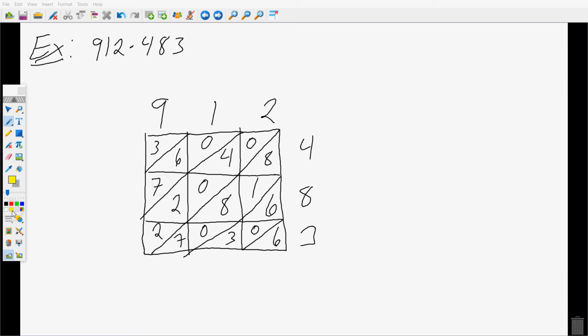Now I start in the very bottom right and start adding diagonals. The bottom right is just 6. The next diagonal is 6 plus 0 plus 3. That will give me 9.